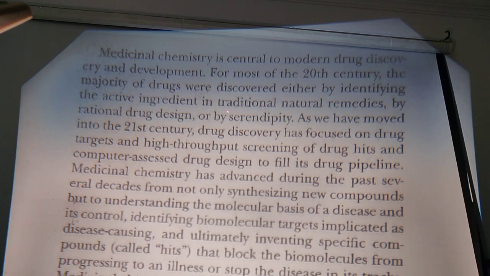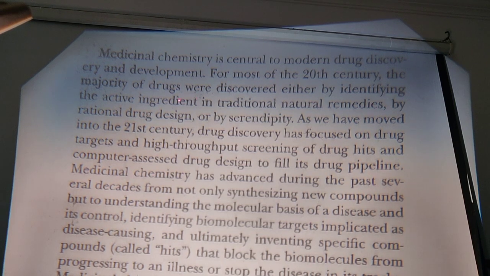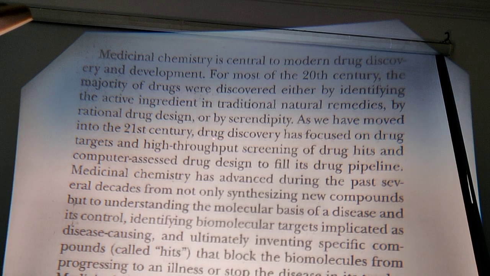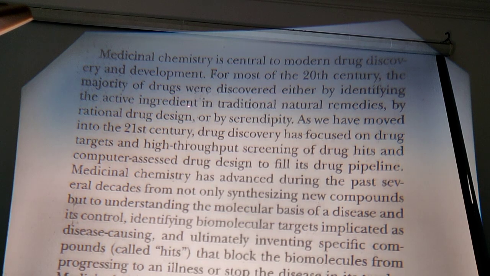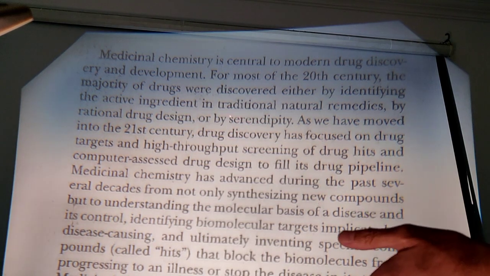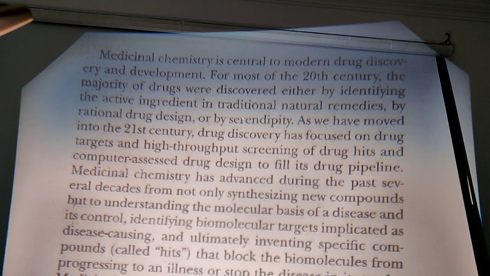This is the natural way, the traditional way, as the people sitting on the roads working as drug sellers. That means hit and trial, finding out by chance. Traditionally people could know, but serendipity means by chance: you administered a thing and you were able to get a response.